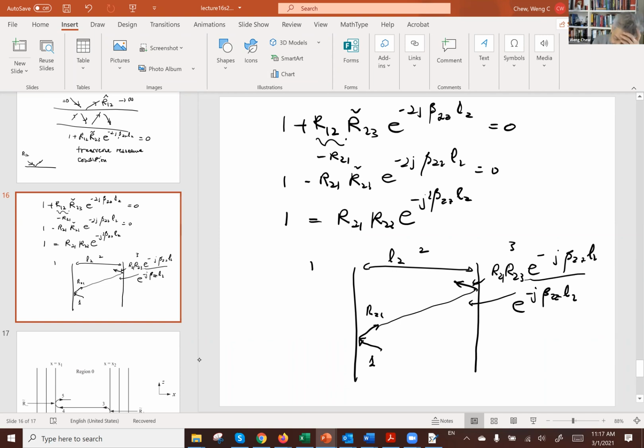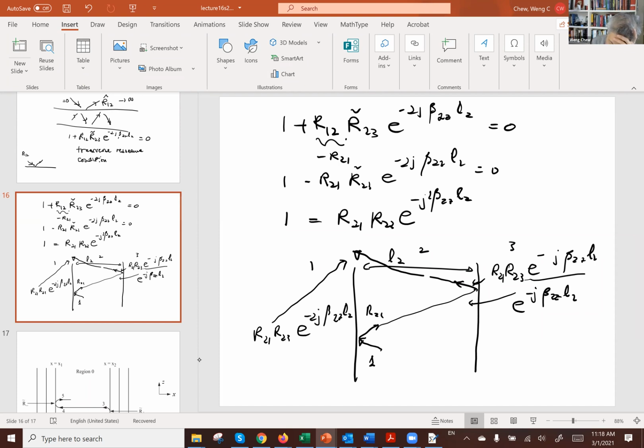Then this wave goes back to its original place. By the time it reaches here, the amplitude is R21 R23, because it travels this distance 2 times, so the phase should be 2j beta 2z L2.